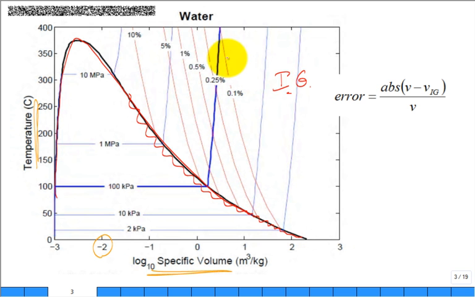If you get close to the dome, near the critical point, the error is quite large. It's up in the 10% plus range. So don't apply the ideal gas model for water vapor close to the dome up near the critical point. But if you come down here, what you find is at low pressures, low temperatures, it's less than 0.1%, even right up to being saturated vapor.